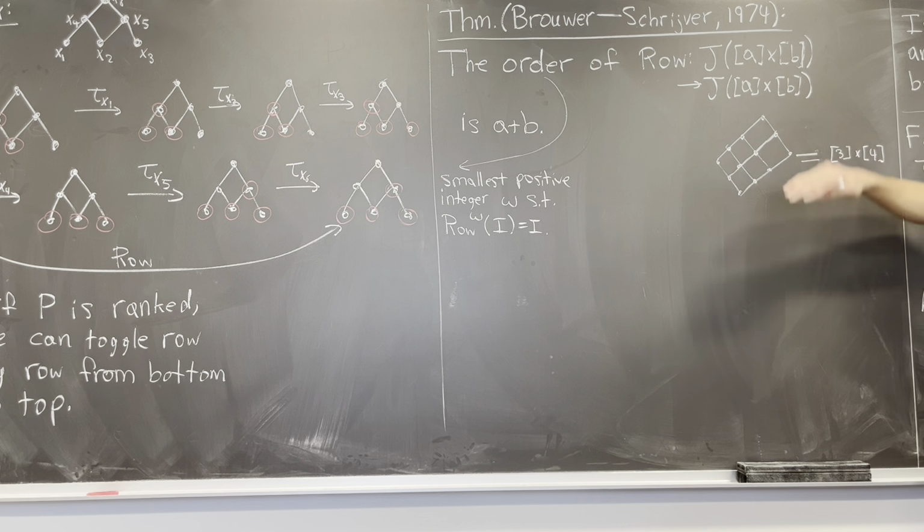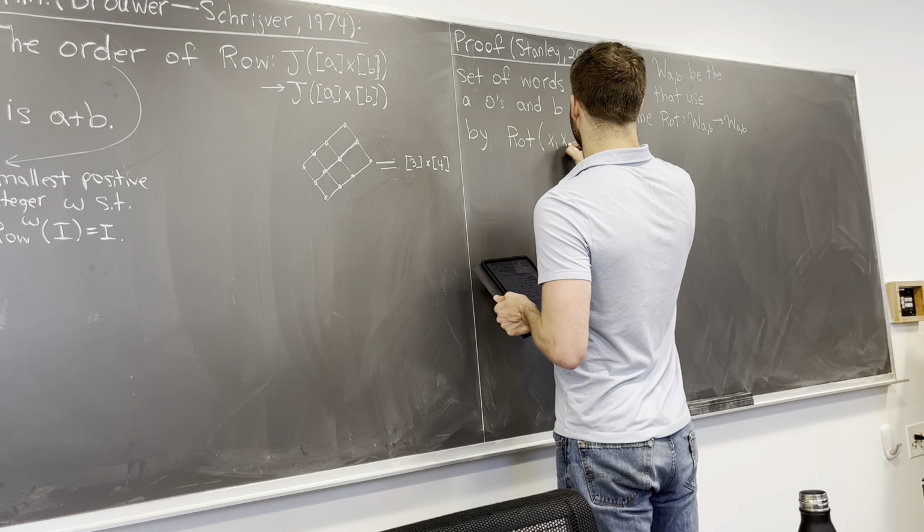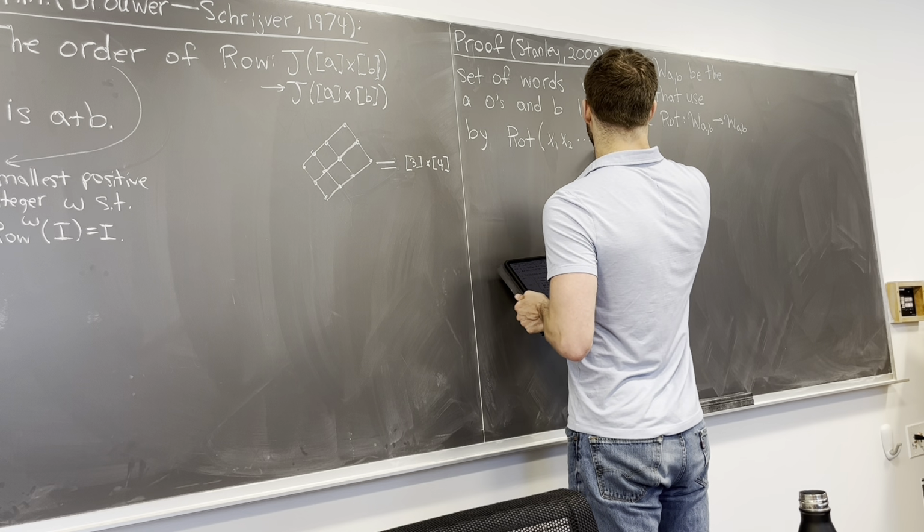And I want to define a very simple map from this set of words to itself, which I'll call rot. And this is for rotation. So define rot from W_A,B to W_A,B. And all this does is it takes some word, rot of some word, let's say x1, x2, dot, dot, dot, x_(a+b).